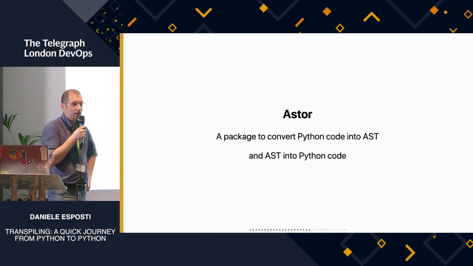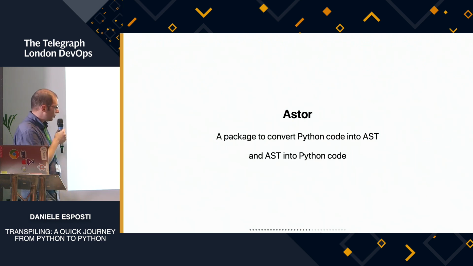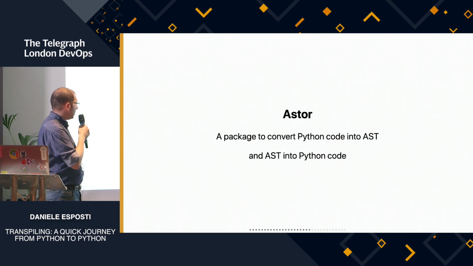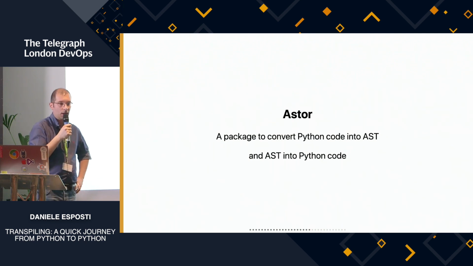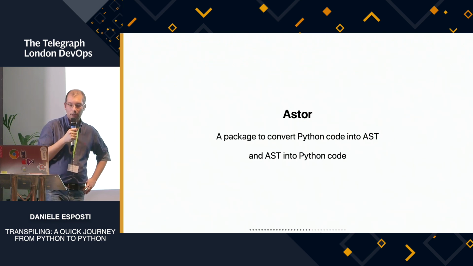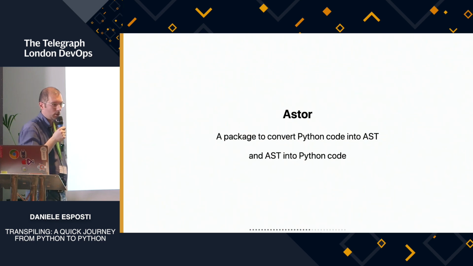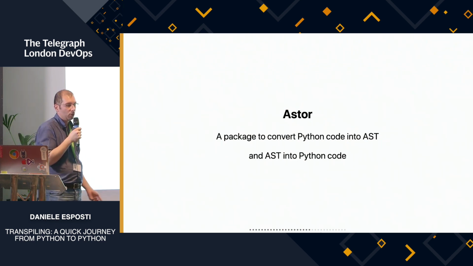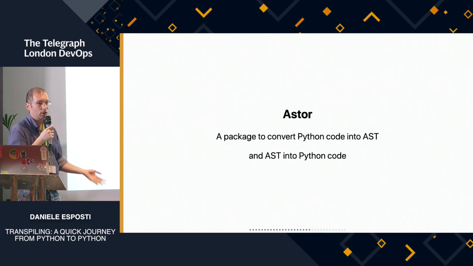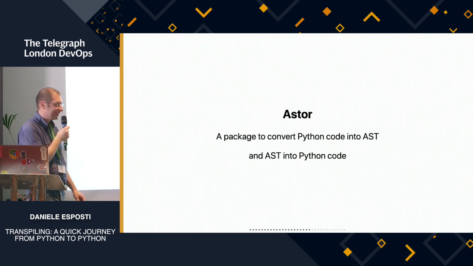We talked about JavaScript compilation in general, but because my talk is much more related to Python, there is this nice package called Astor, which allows you to take source code, convert it into an AST in Python, and back from AST into Python code. This is a key point, because out of the box Python can obviously parse Python code into an AST, but if you don't have a way to convert the AST back into source code, it would be difficult to create a transpiler.